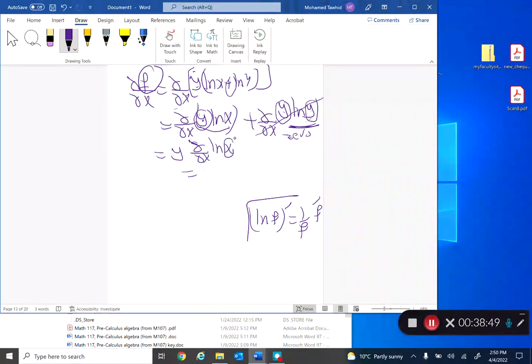So what is your f here? It will be y outside, inside here 1 over x, times the derivative of x with respect to x. If I simplify this, you get y over x.